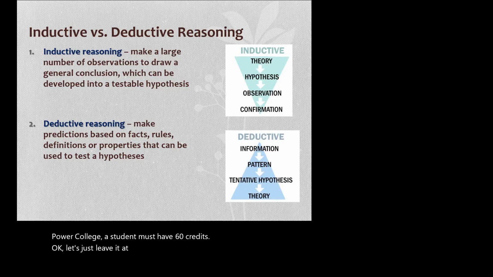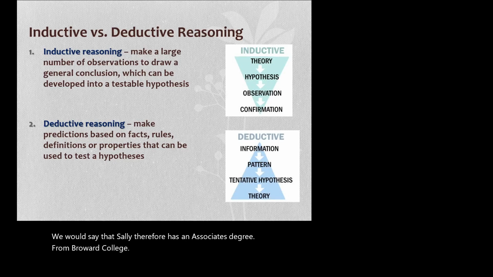That's the rule that you accept to be true: you need 60 credits to get your Associate of Science. So let's say a student named Sally has more than 60 credits. Based on that rule, we would say that Sally therefore has an associate's degree from Broward College.